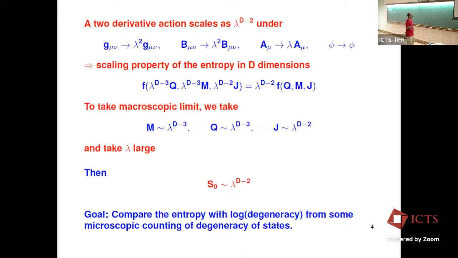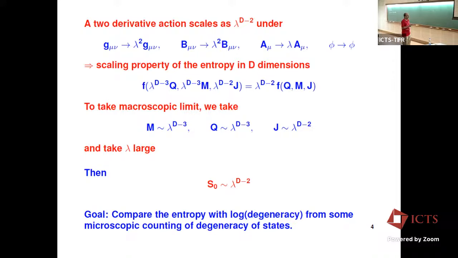Now, if you work with a two derivative action, like the Einstein action, or even extended supergravity, then the action scales as lambda to the d minus 2 if we scale the various fields according to their tensorial rank. So if we scale g_mu nu, the two-form field, the gauge field, and the scalar in this way, one can easily check that the action scales as lambda to the d minus 2, and this translates to a scaling property of the entropy.